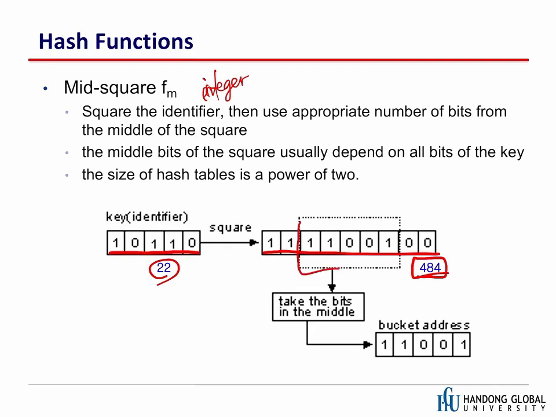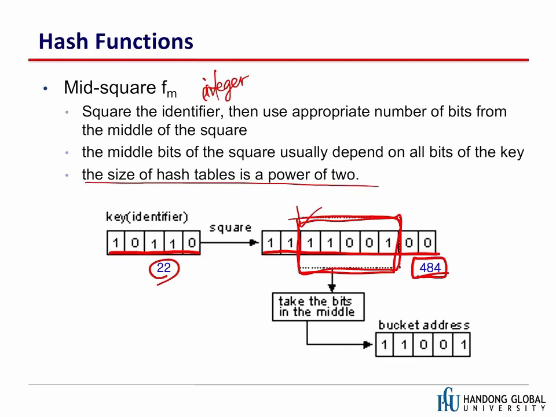Then we take just the middle bits of this squared number, and this number is the bucket number. That works when the size of the hash table is a power of 2.